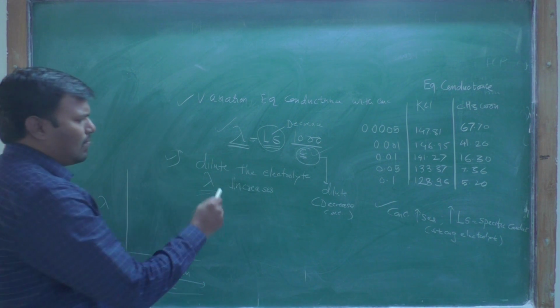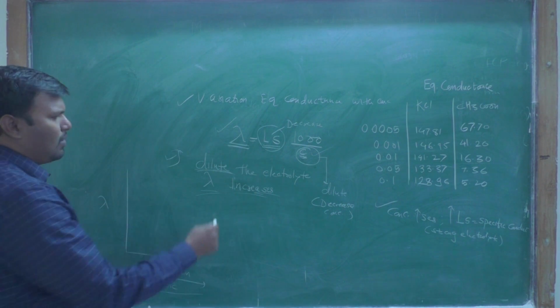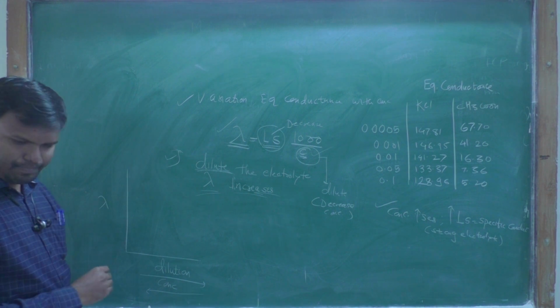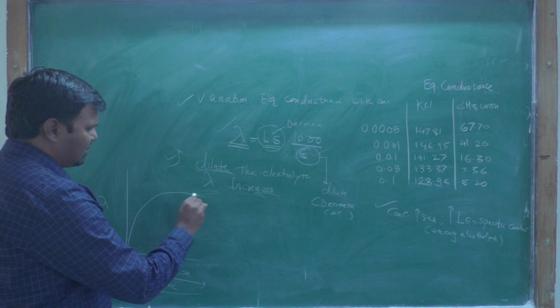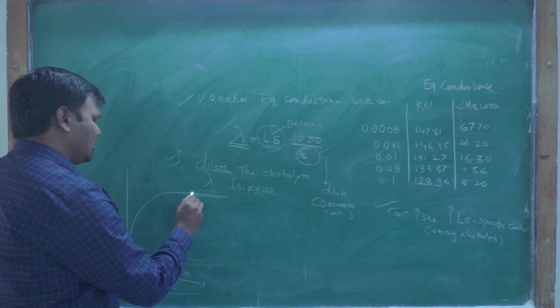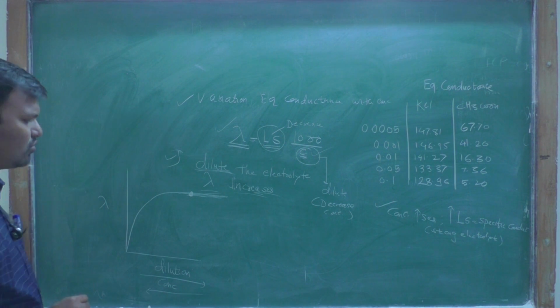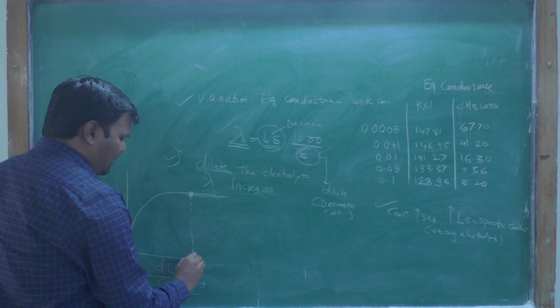So we know that if dilution is more, the lambda value increases, and if concentration is higher, the lambda value decreases. From 0, the lambda value increases, and from a particular region the equivalent conductance does not increase further.